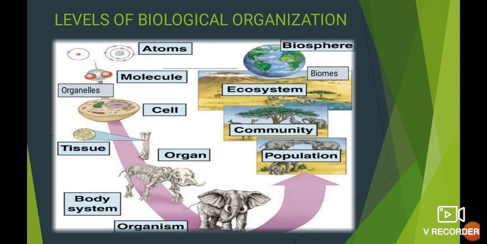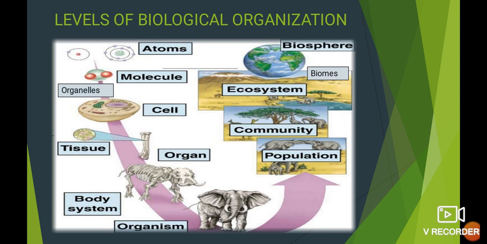Now, if molecules group together, take note, there are what we call small molecules, or micromolecules, and we also have macromolecules. When these molecules group together, they form what we call organelles.